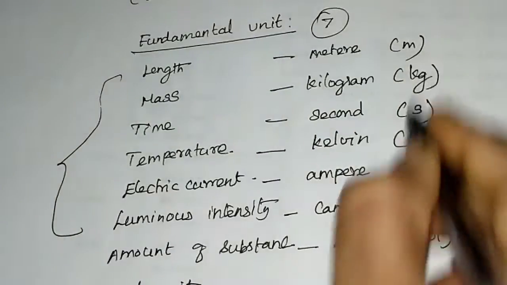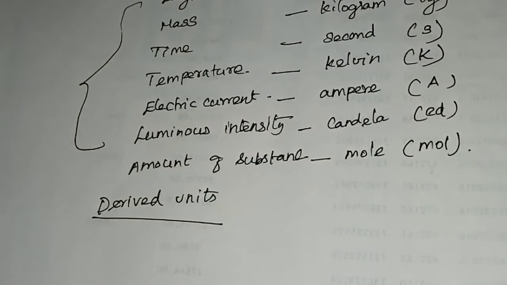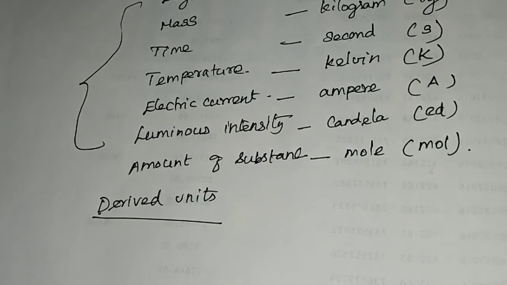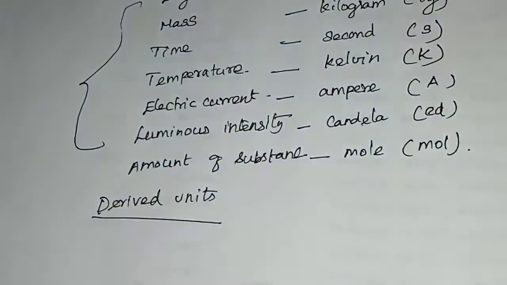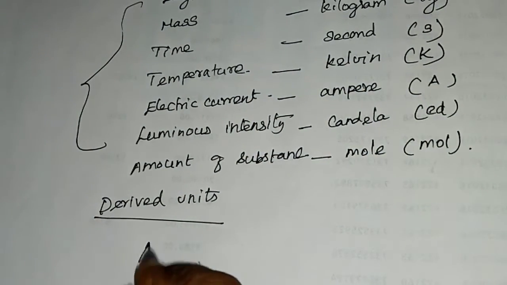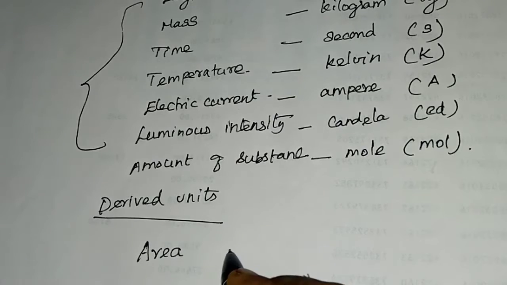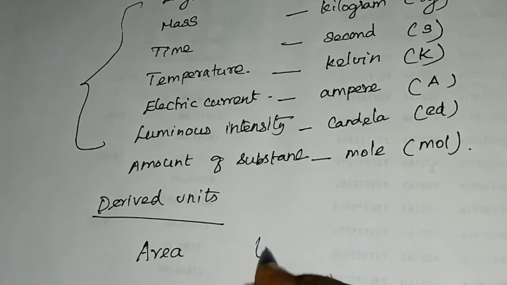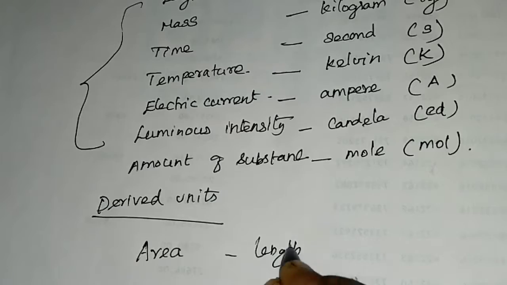Based on the fundamental units, we have derived units. These units have a formula, and in that formula, they are derived from the fundamental units. To take an example, area. Area has the formula length into breadth.